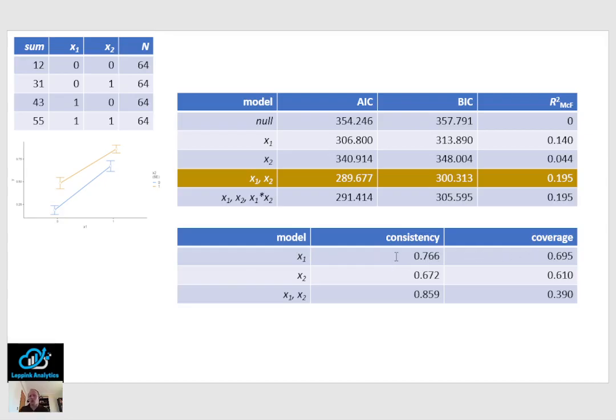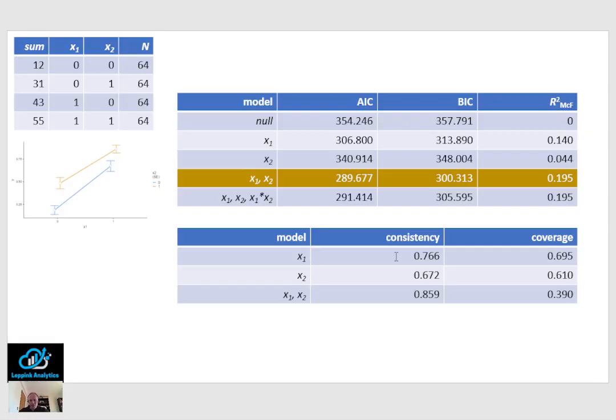What is that? Well, there are a total of 64 plus 64, or 128 cases that received x1. The question for consistency is, how many of those 128 cases actually result in a success? Well, we have 43 successes for the combination x1 yes and x2 no, and we have another 55 successes for both x1 and x2.